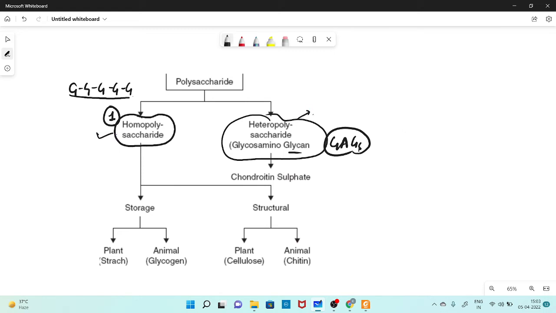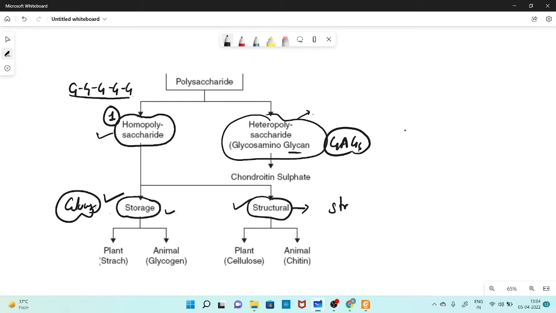Your homopolysaccharides, according to their structure and bonding, are categorized into two categories. Number one is called storage and the second one is called structure, which means the saccharides responsible for the storage of glucose or sugar molecules are called storage, and those involved in the structural stability of your cells are called structural polysaccharides.